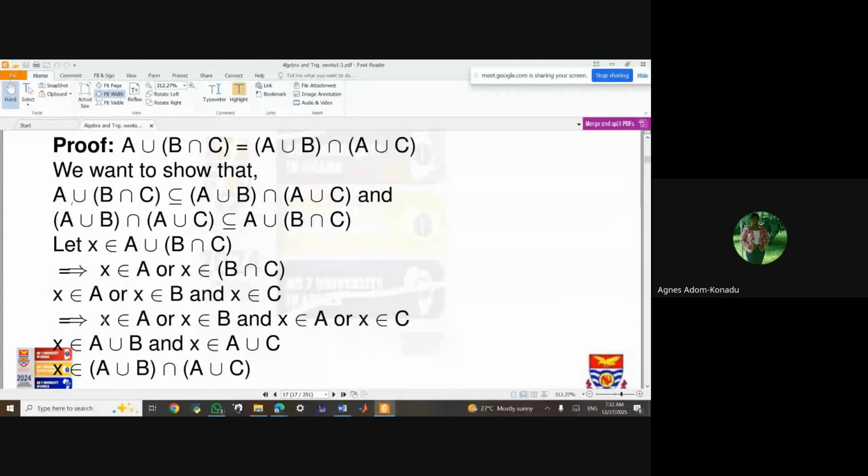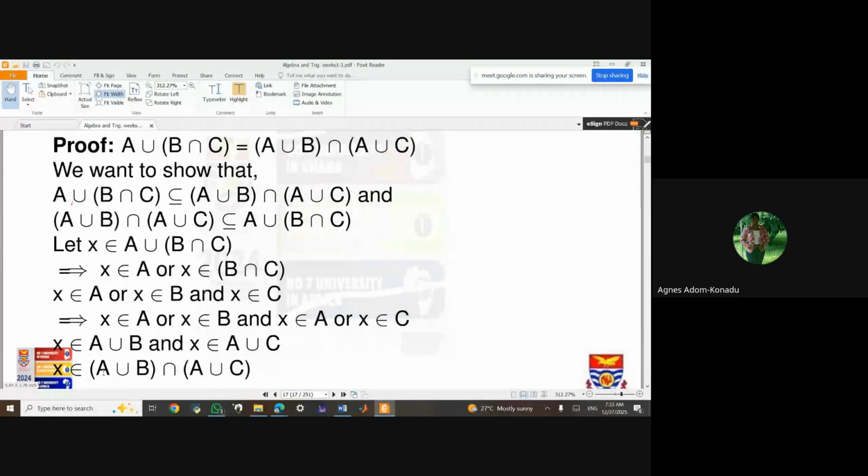So X is in A or X is in B, and X is in C. It's the same as X is in A or X is in B, and X is in A or X is in C. So when I rewrite this, X is in A or X is in B is the same as X is in A union B, and X is in A union C. And I know that the and is intersection.